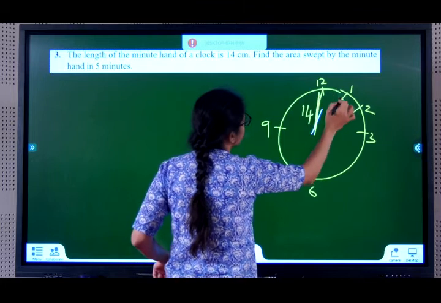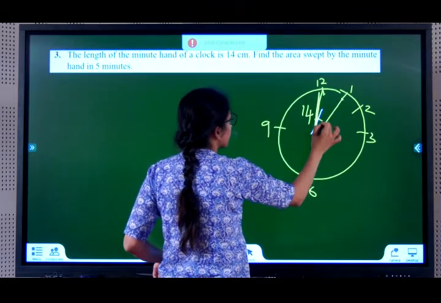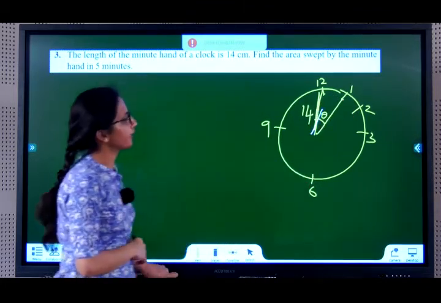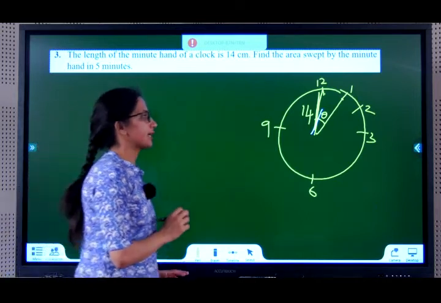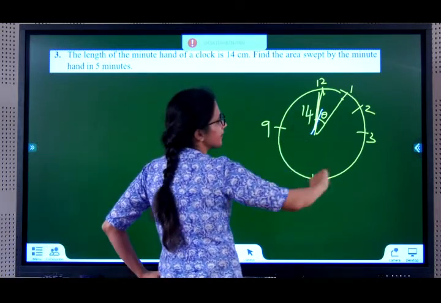This angle, how much does it sweep in 5 minutes? We need to know the theta. First of all, understand in 1 minute, how much does the minute hand move?